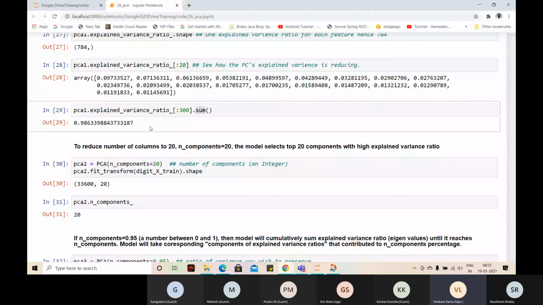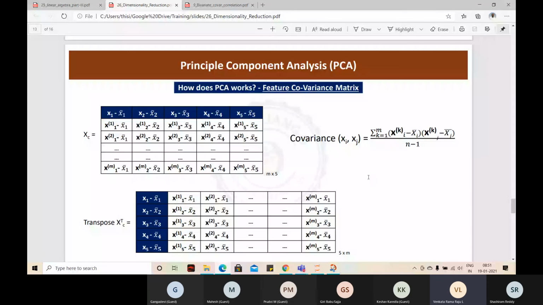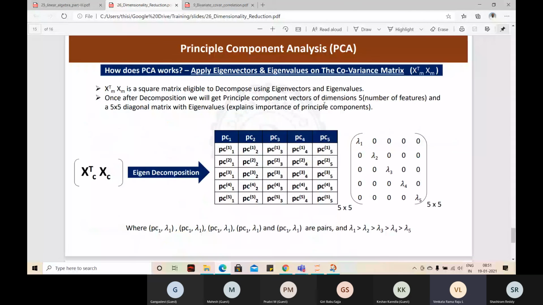No. If you just say PCA and fit transform, it does it. When you say fit, it will take the original data, do centering, find out the covariance matrix, and find out the principal components and the explained variance ratios, the eigenvectors and eigenvalues.